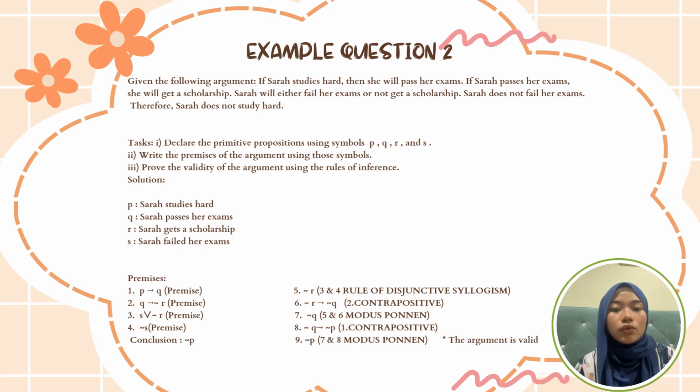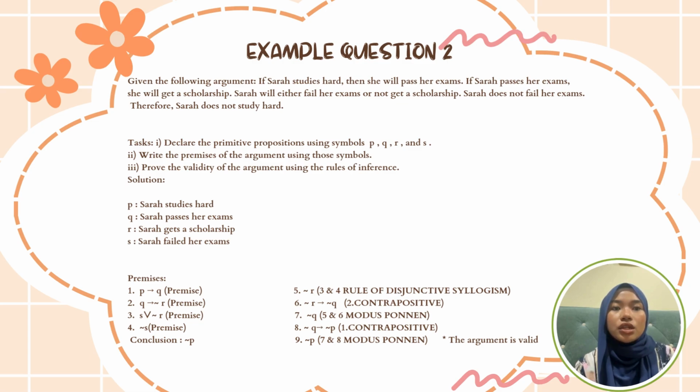So for step 1, we use the rule of disjunctive syllogism with premises 3 and 4. So we get negation R. The second step is we use the contrapositive method. We get negation R implies negation Q. For the seventh step, we use modus ponens with premise 5 and premise 6.